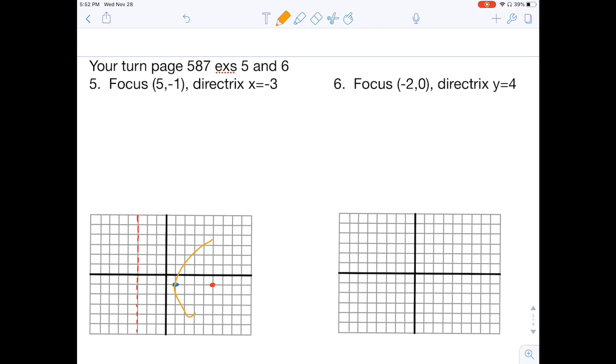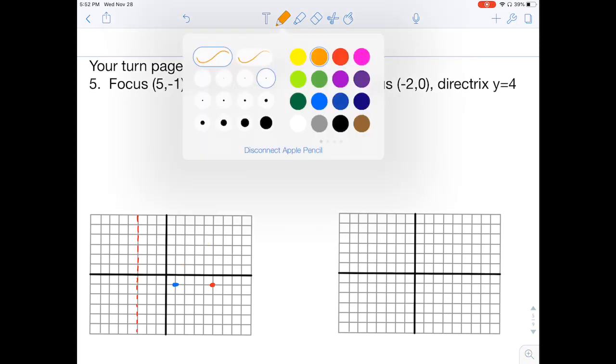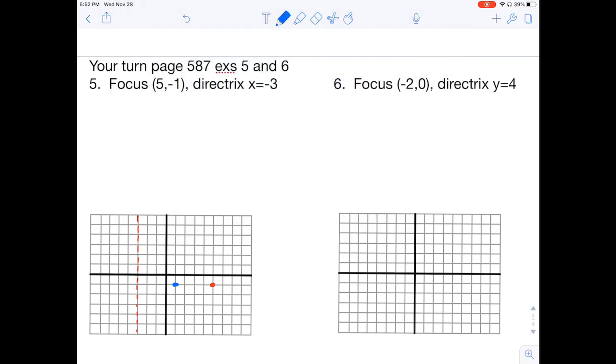So it's going to be a horizontal one. So the equation I'm going to use is 1 over 4p, (y minus k) quantity squared, equals x minus h. Next, I'm going to plug in my specific values.